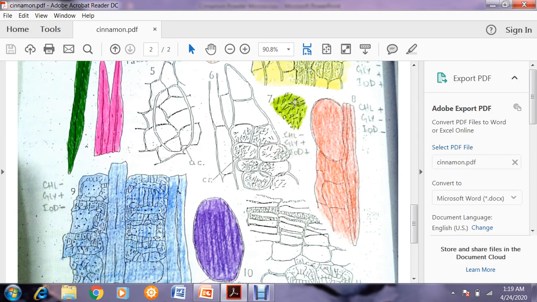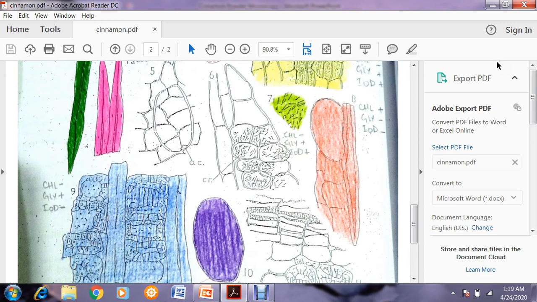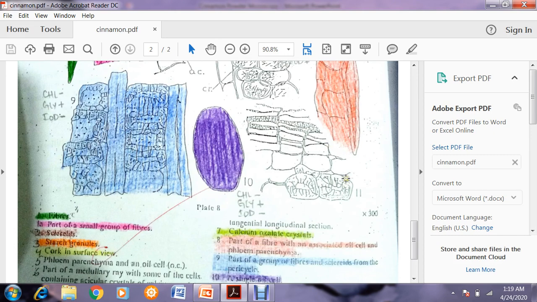Now what is number 7? Calcium oxalate crystals. Here you can see it. Calcium oxalate crystals are found independently in the powder, while in number 6 these are present inside the medullary ray. Now what is 8? Part of the fiber with an occasional oil cell and phloem parenchyma.